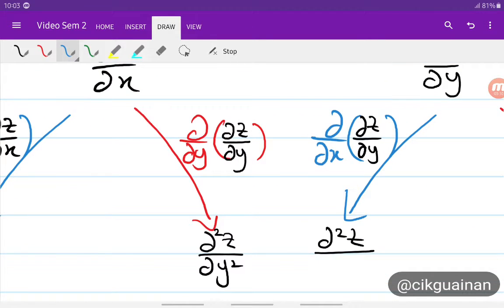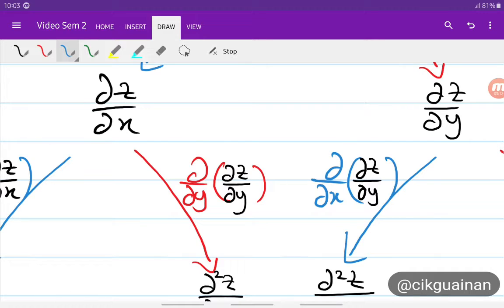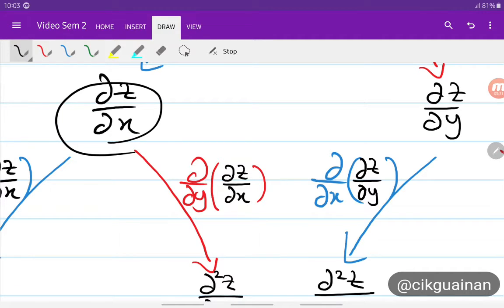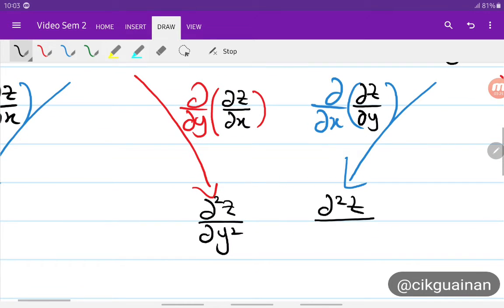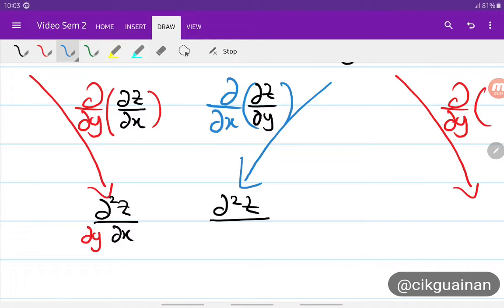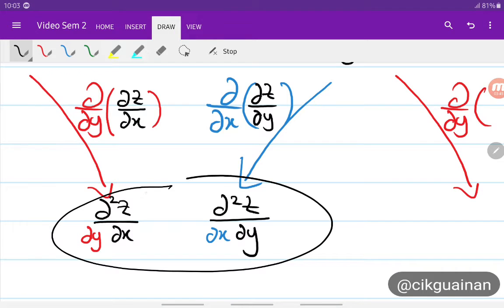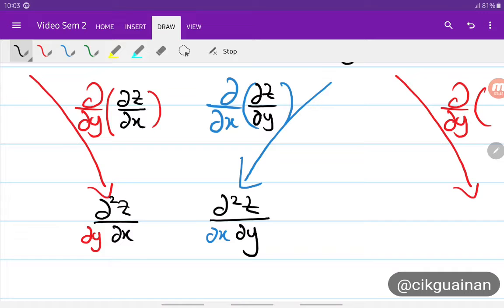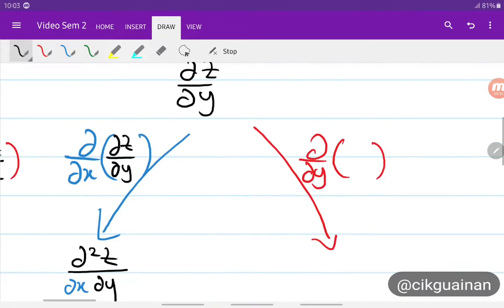For this one, it's not ∂z/∂y, it's this function ∂z/∂x. For this one we will get ∂²z/∂y∂x. Now this one we get ∂²z/∂x∂y. They look alike, but we will go into this later. Let's finish this one first.